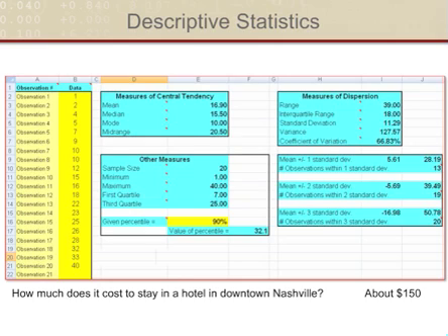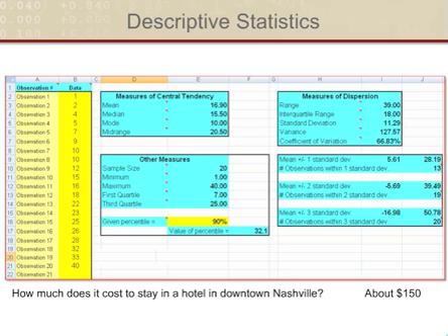That $150 is giving an idea of a central point to work from. In their mind, they're going, okay, I know it's not super cheap, but I know it's not ridiculously expensive either. I get an idea of what I could expect to pay. Even though it's just one number, it gives me a starting point. So central tendency is just that. It's that starting point of that location, so I know ballpark what I'm looking at.